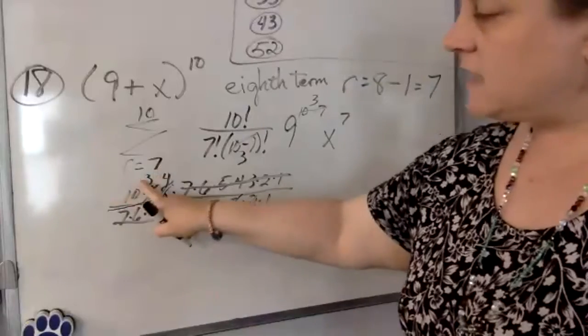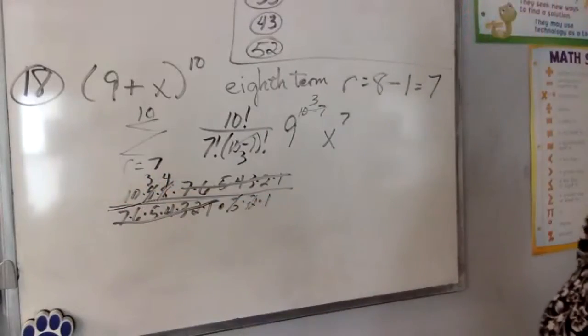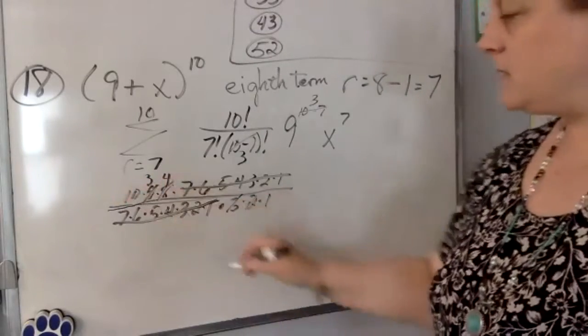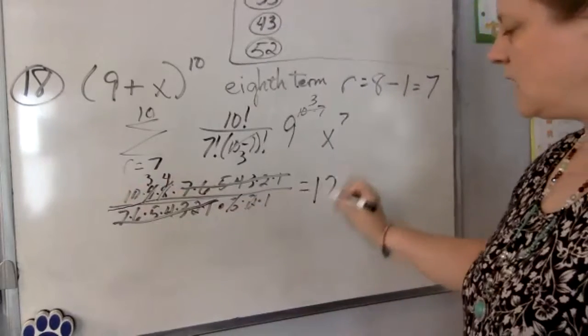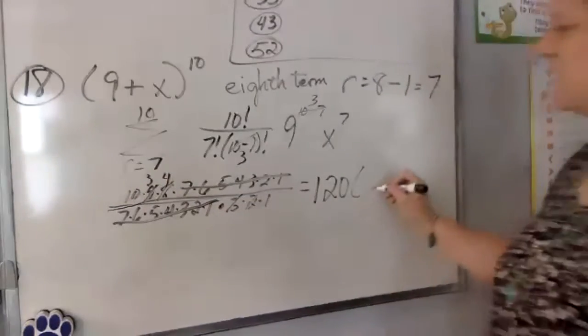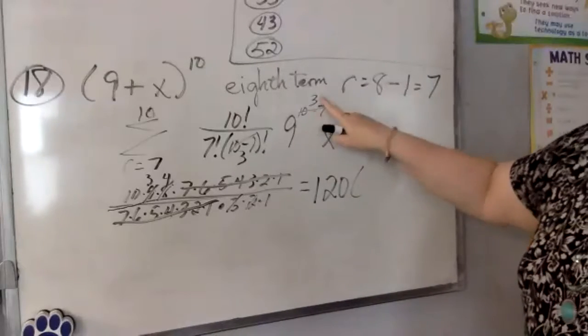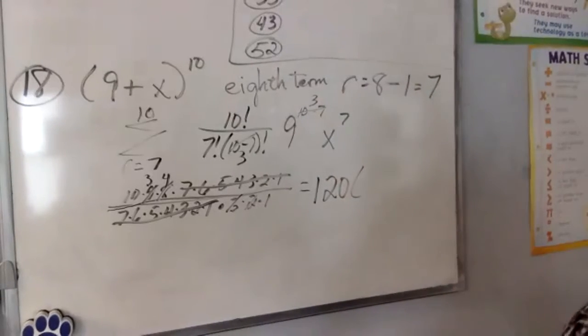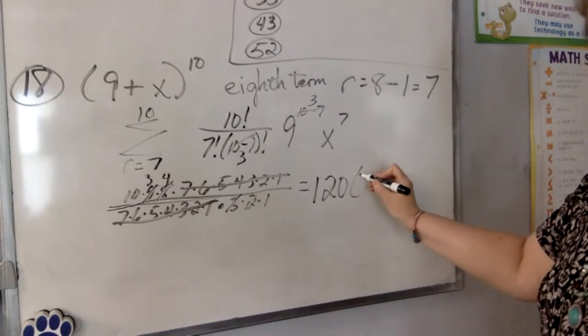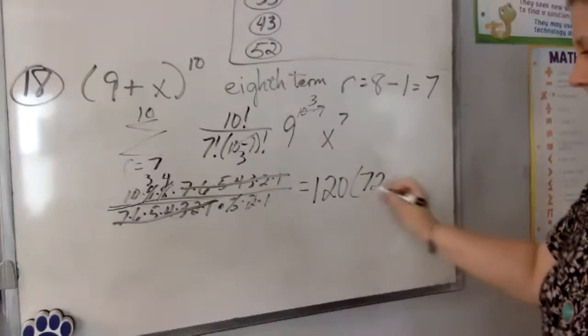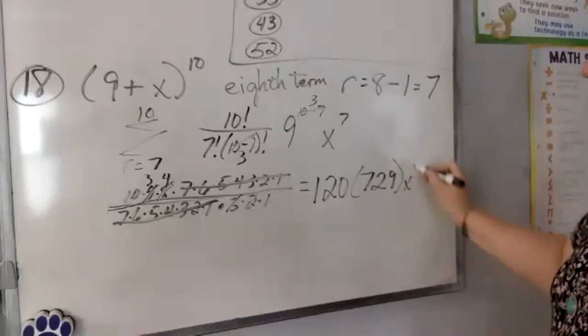So I have 10 times 3 times 4 left. So 10 times 3 times 4 is going to be 120. And that's times 9 to the 3rd power. So 9 times 9 times 9 is 729. And then x to the 7th.